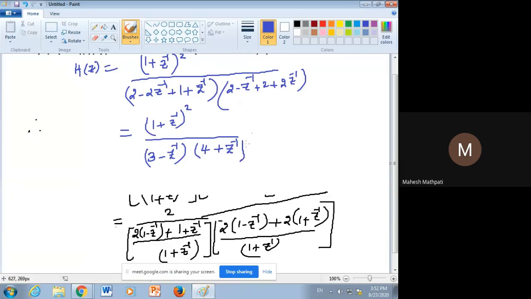Or else further if you simplify this, you will get the final answer as... something is going wrong here. Okay, so this is 2z inverse. This 2z inverse and this 2z inverse cancel. Only this will be 4.